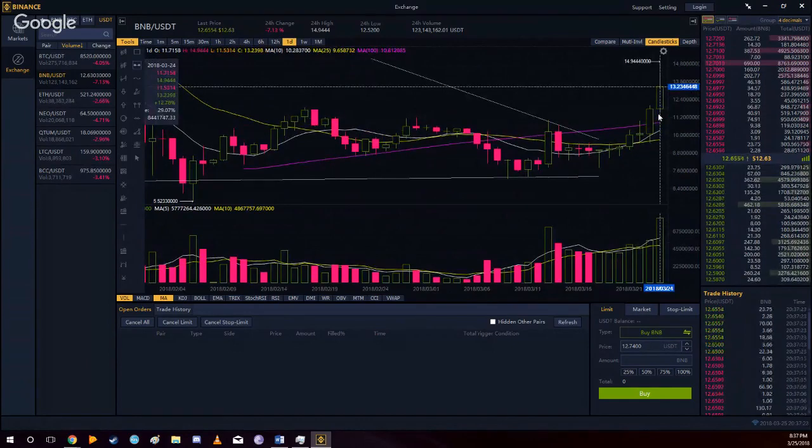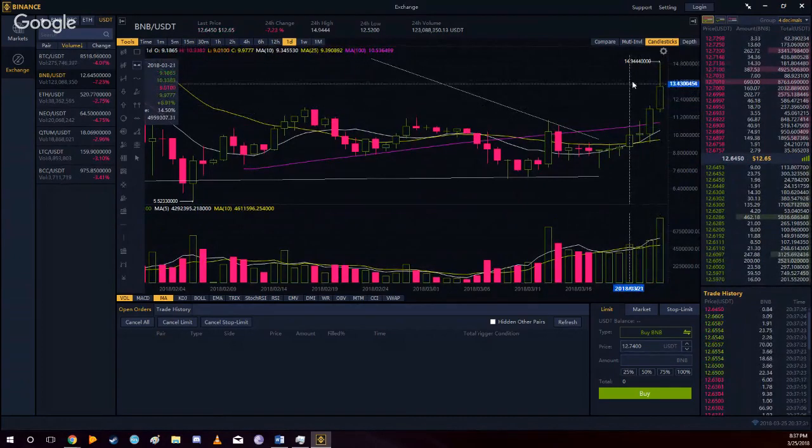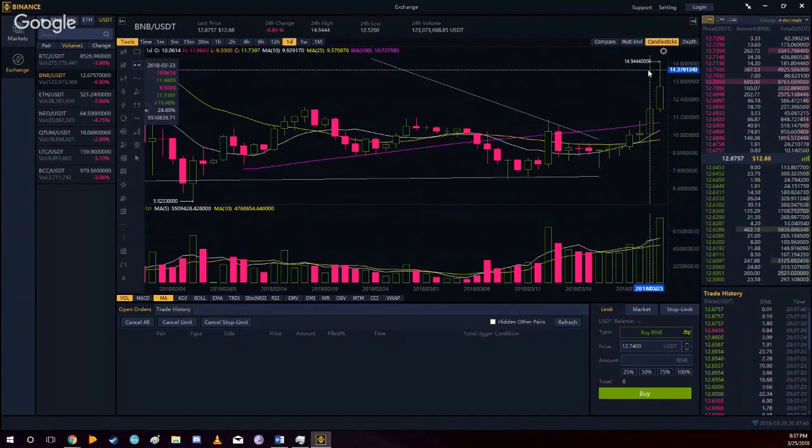And as I said, once it broke out with a lot of volume, it went up again. And it made a wick. If this is a candle, a shorter line coming from the candle, it's the wick.